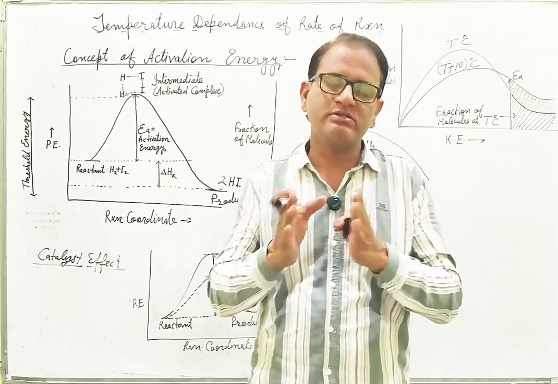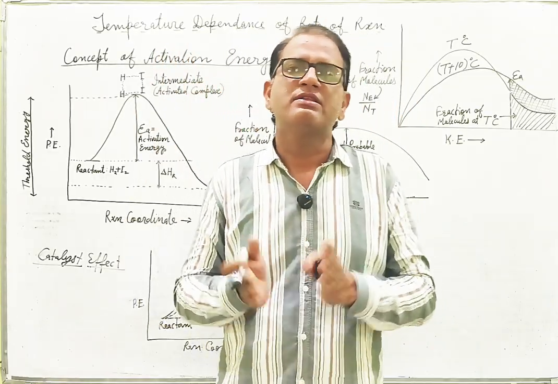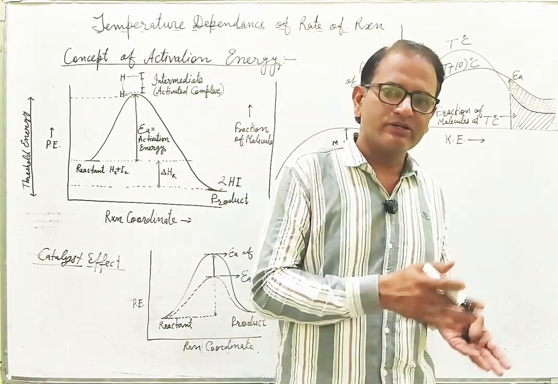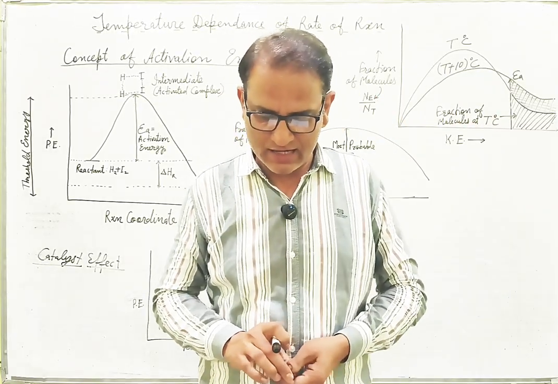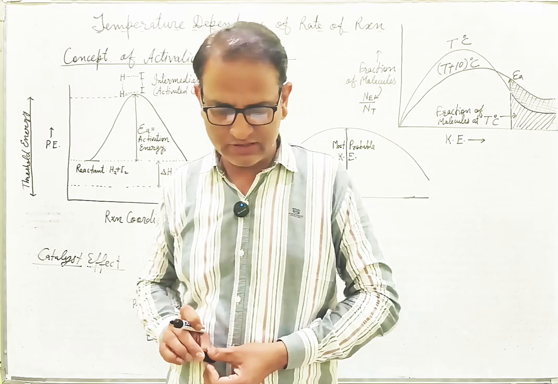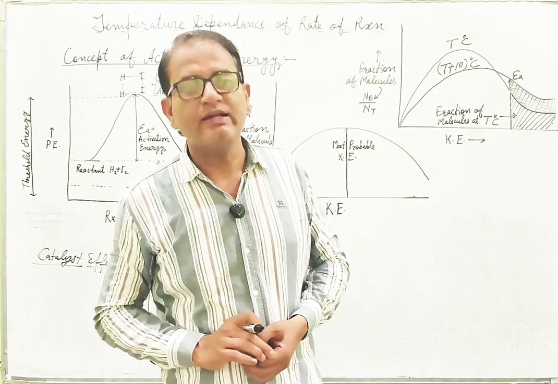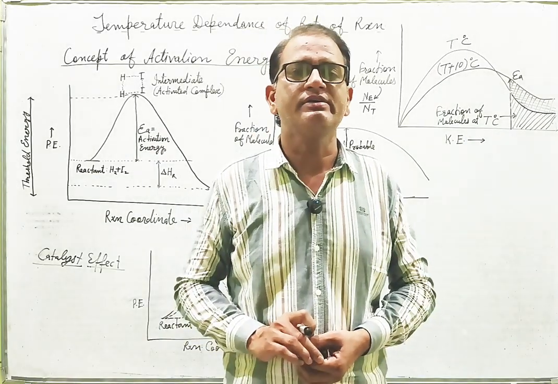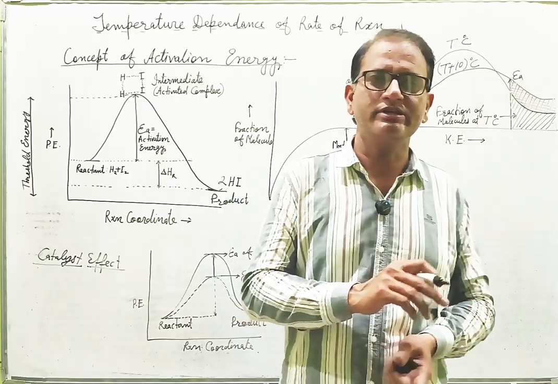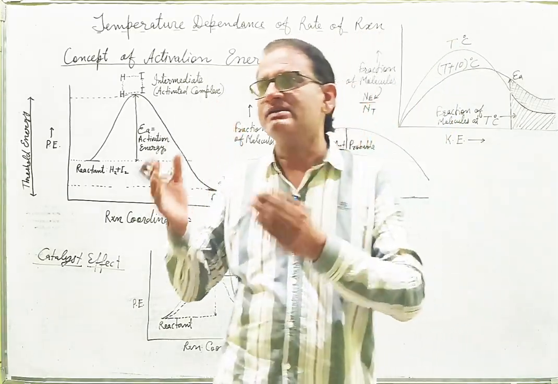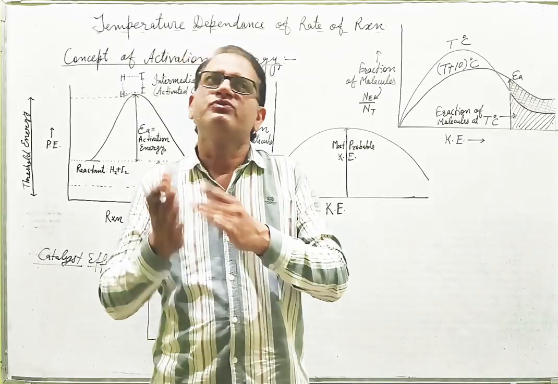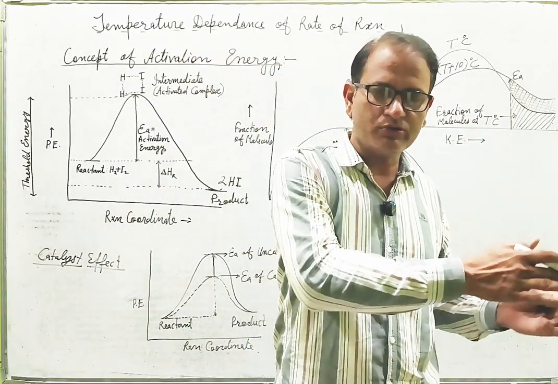Arrhenius says these should collide first, and the colliding molecules form an unstable intermediate, which will then convert into product.